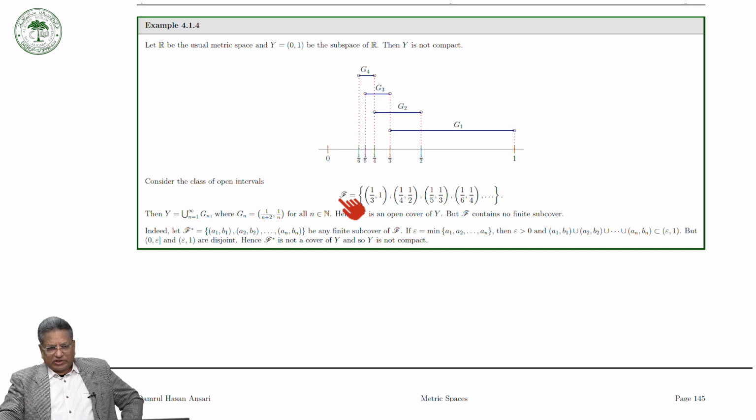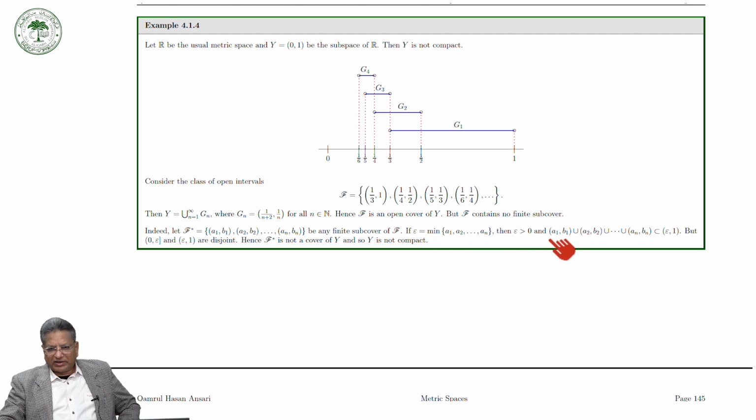Why is it so? Let us take F star, consisting of a finite number of intervals (A1, B1), (A2, B2), up to (An, Bn), to be any finite subcover of the cover F. And if epsilon is equal to the minimum of A1, A2, up to An, then epsilon must be strictly greater than 0.